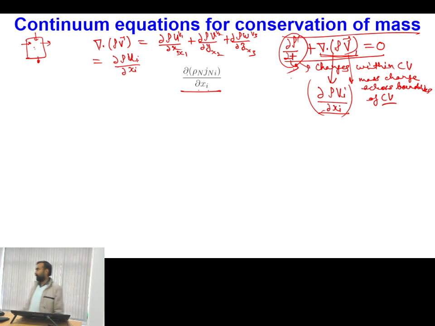So this is tensor notation. Is this one clear? Now, what does this term represent?